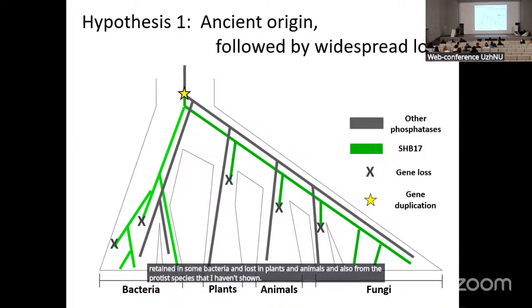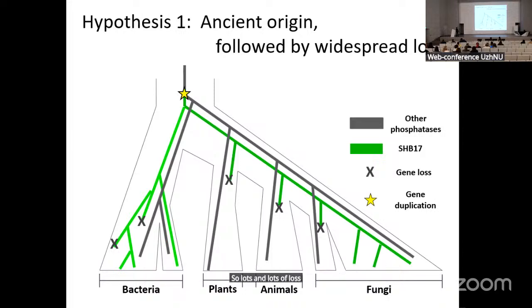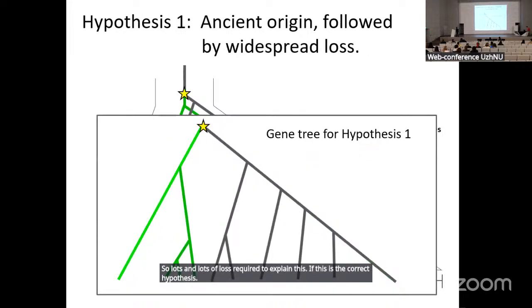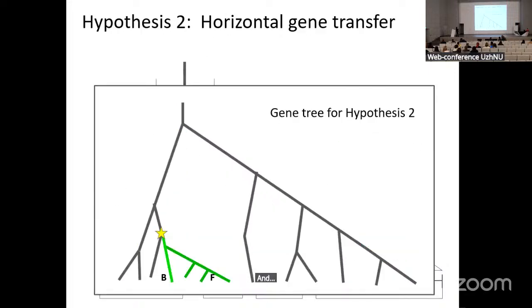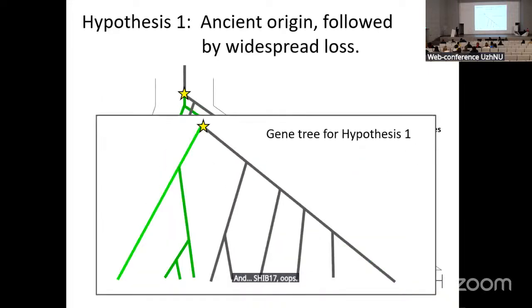So lots and lots of loss required to explain this. If this is the correct hypothesis, we would expect to see a gene tree that looks like this, where at the root, you've got other acid phosphatases on one side and SHIB17 on the other side of the root.